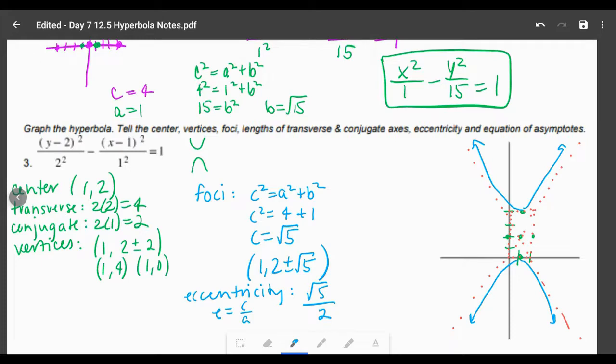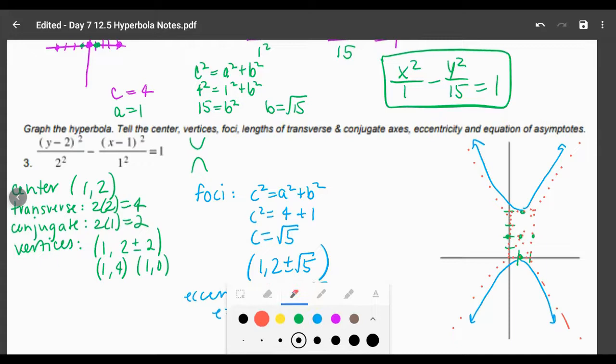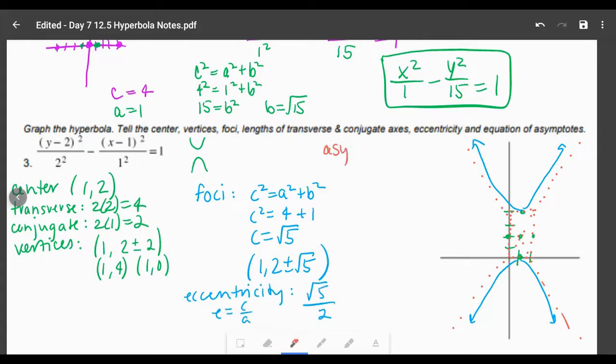The last thing we need to find are the asymptotes, and the asymptotes are going to be your diagonal lines, but we know that they have to go through the point 1, 2, so we know the y minus 2 and the x minus 1 have to be there. Now we just have to focus on the slope. So it's plus or minus whatever the change in y over the change in x is. So the change in y is going to be 2, change in x is going to be 1, so 2 over 1. So we're going to write it out into 2 separate equations.